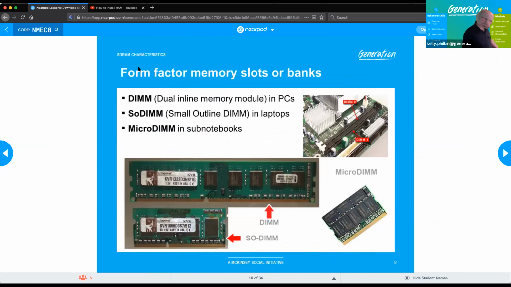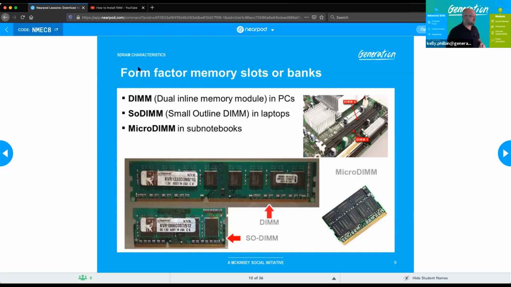Form factor. We talked about this with motherboards. As we were saying, it's basically just a fancy way of telling you different shapes. So whenever they're talking about a form factor, it's what shape or design they are operating in. So we have the DIMMs, which is the dual inline memory modules, and that typically goes into your standard PCs.